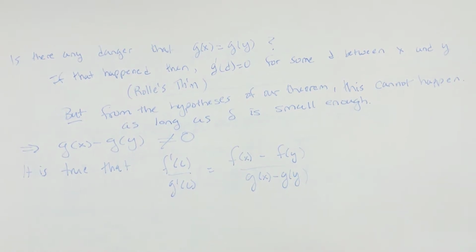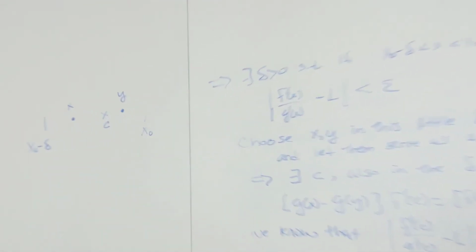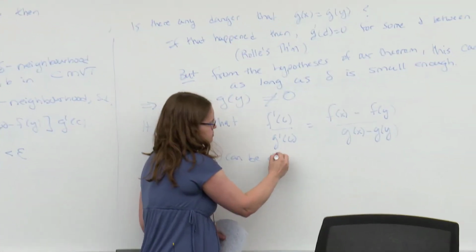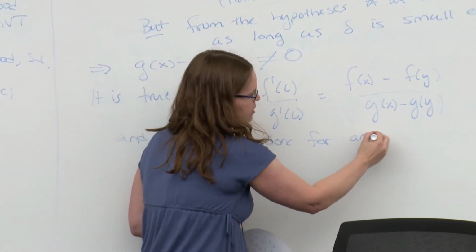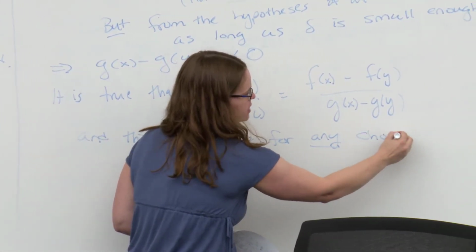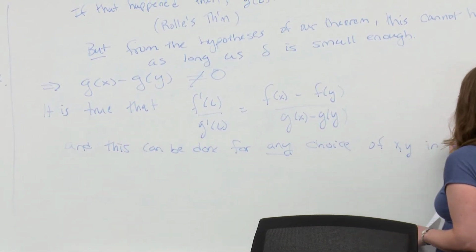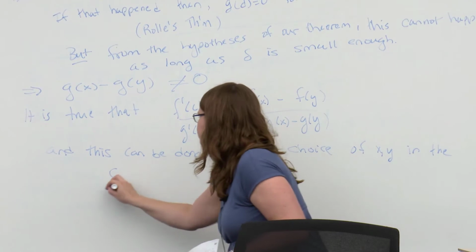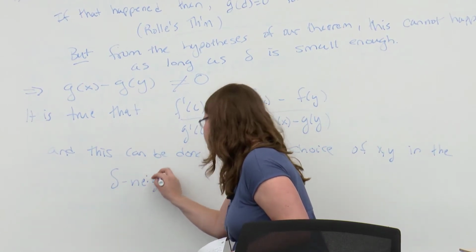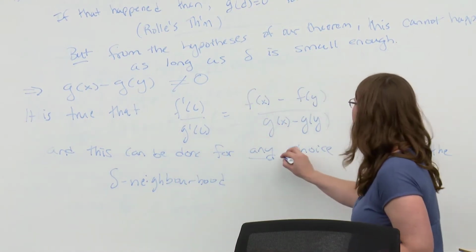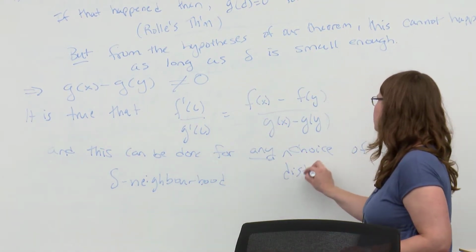I said, let's just take any x and any y in this interval. So we'll just make it clear. We'll emphasize that. And this can be done for absolutely any choice of x and y in our little delta neighborhood. So for any choice of x and y in the delta neighborhood. Such that they're distinct, right? They have to. Such that they're distinct. Correct. Yeah. Stick that in there. Distinct choice.